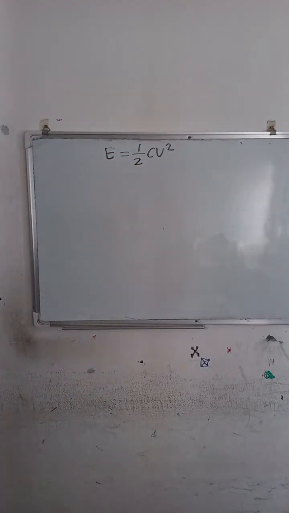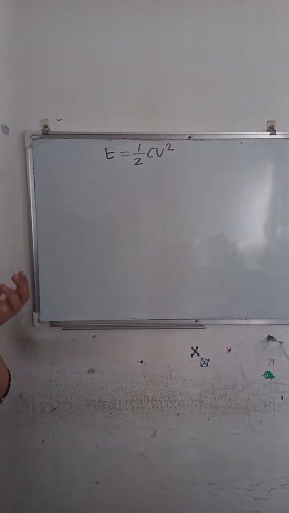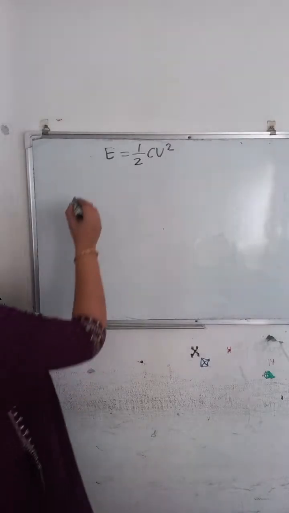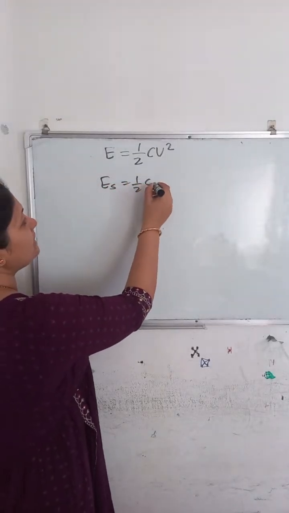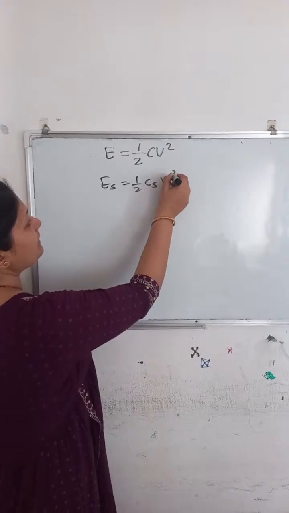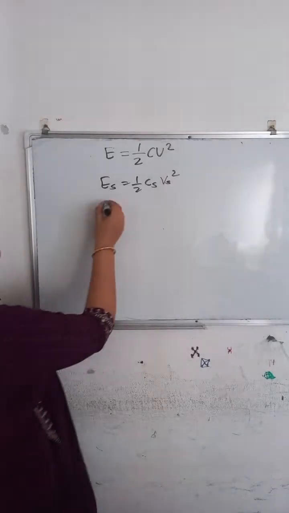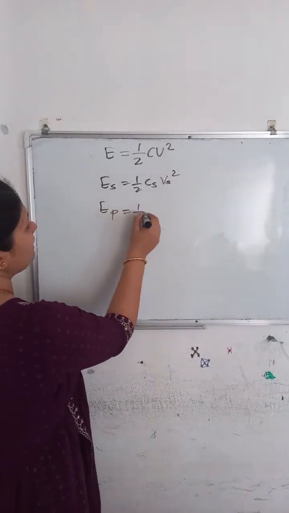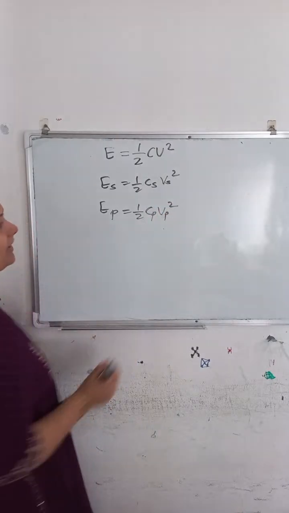Now here they are giving two capacitances, C1 and C2, connected in parallel and series. For series, I will write half C series and V series square. Similarly for the parallel combination, half Cp and Vp square.